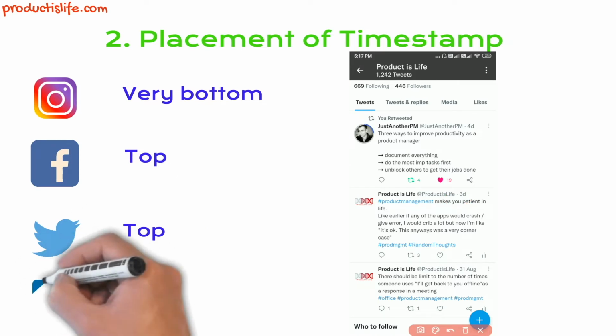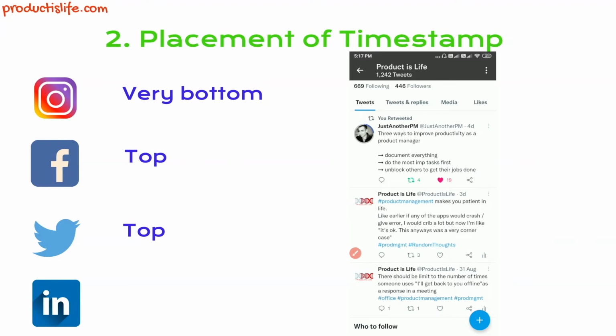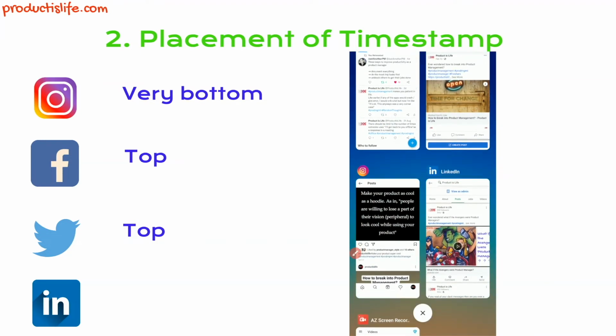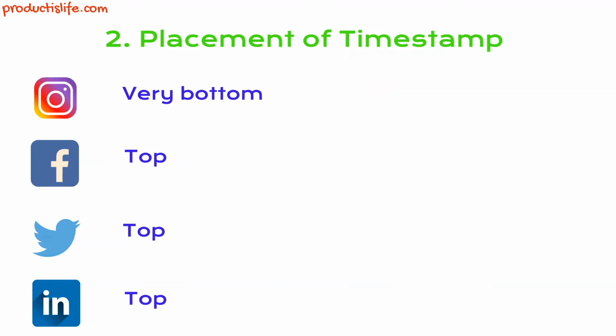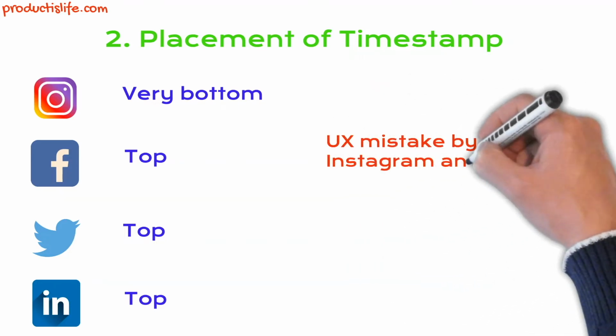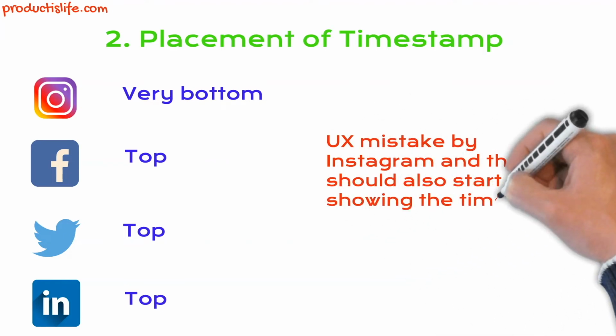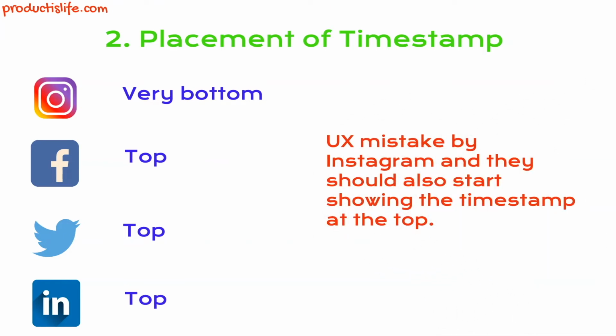Let's also check LinkedIn. Here we have LinkedIn, and again you can see here the timestamp is at the top, again below the username. I would even consider this as a UX mistake by Instagram, and they should also start showing the timestamp at the top.